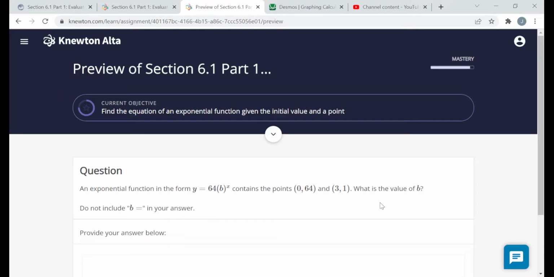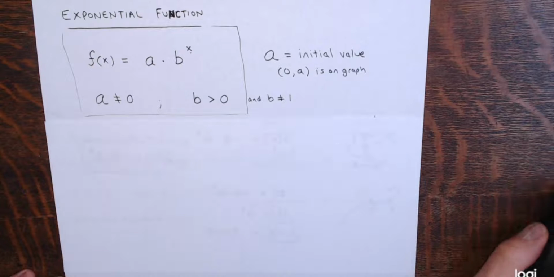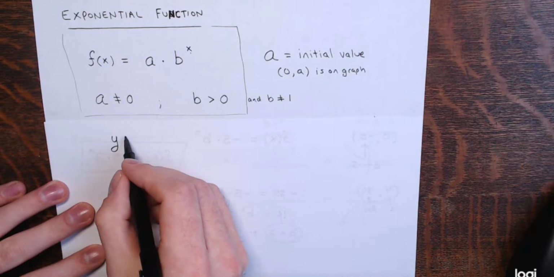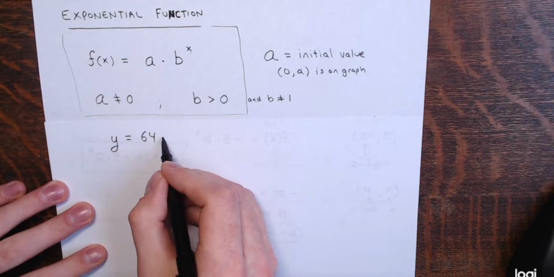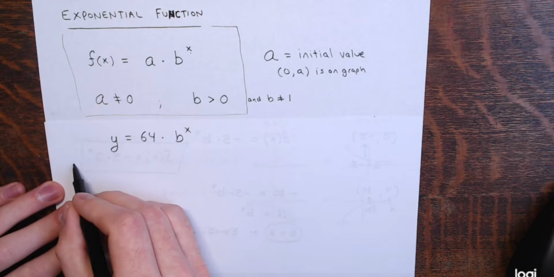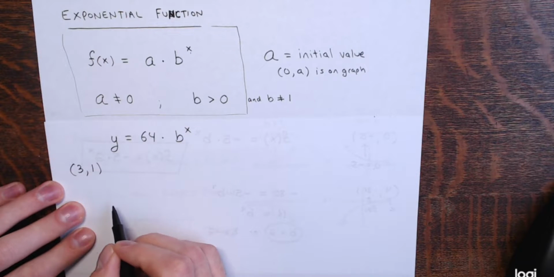So I can see right now that b would have to be 1/4. But let's write it out. All right, so we have y equals 64 times b to the x. Right? The point 3, 1 is on the graph.